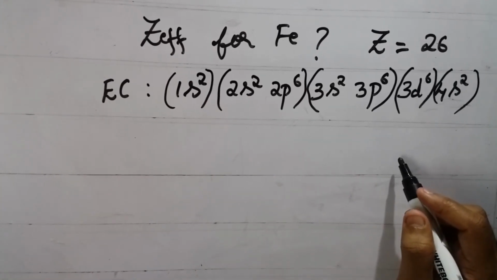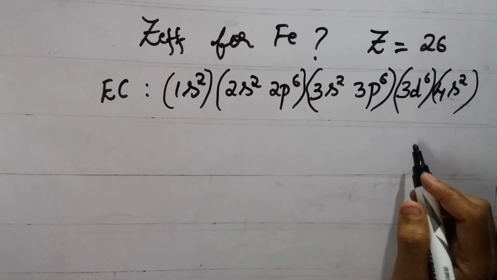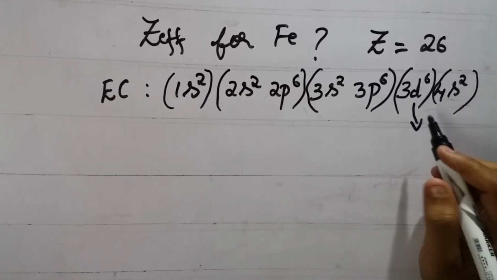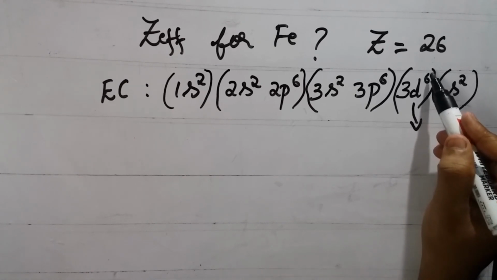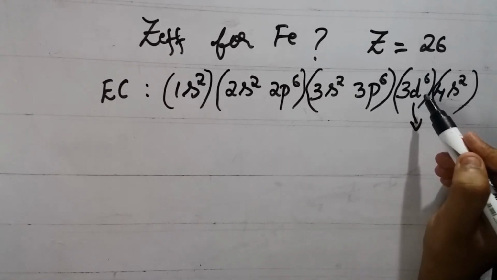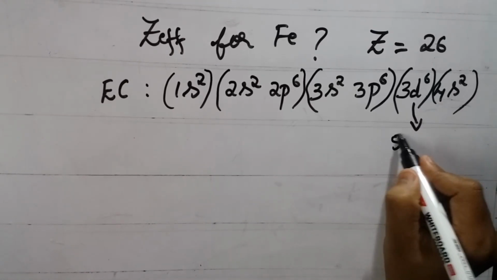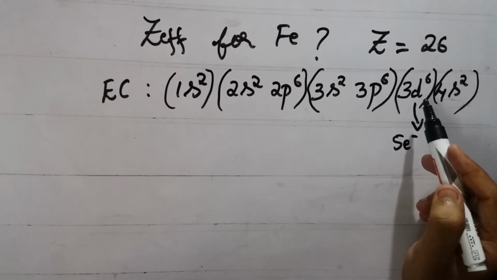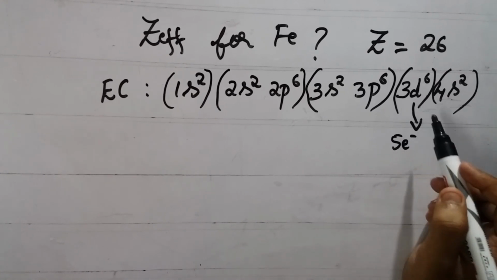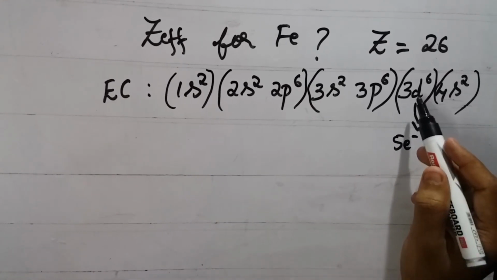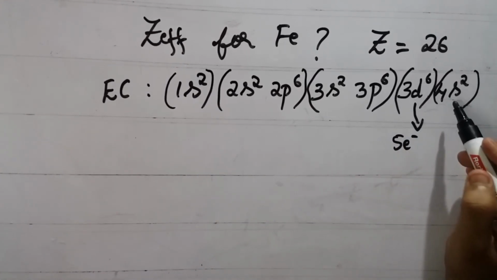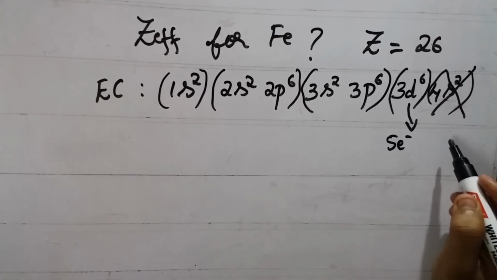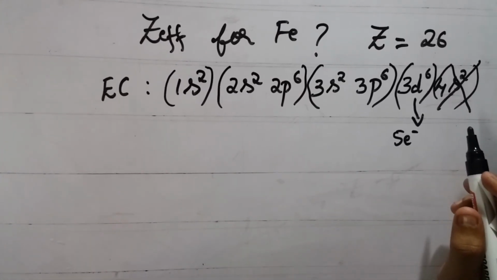We have to calculate the Z effective experienced by the d electron. Hence, the d valence electron contains 6 electrons, hence 5 electrons are involved in shielding in the d orbital. And whenever we are calculating the Z effective of a d orbital, the outermost orbital does not contribute anything to the Z effective value.